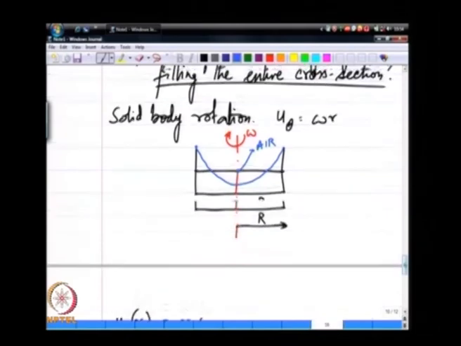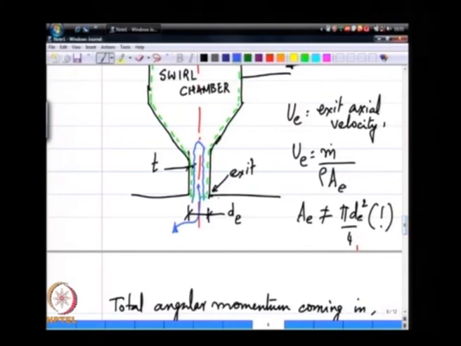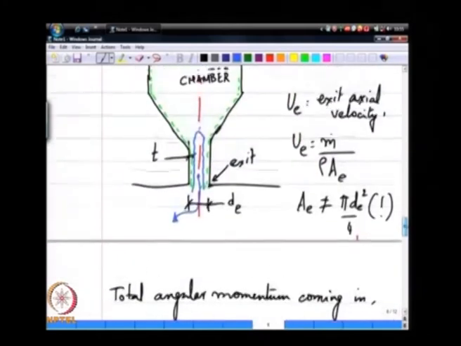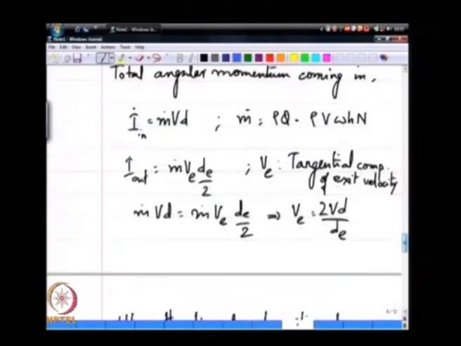The net result is exactly the same as in this case, except since there is no stabilizing force like gravity, the air is dragged essentially all the way into the swirl chamber, and this is called the air core.